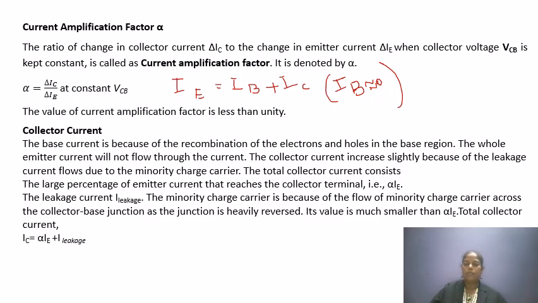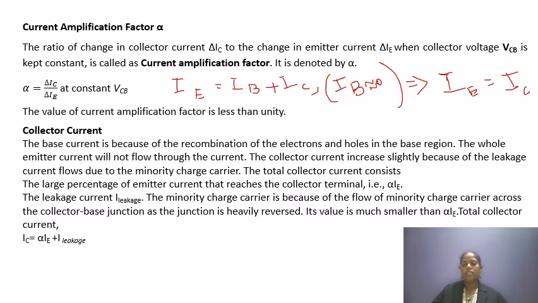Therefore, what can we write? IE is equal to IC. Both the input current and the output current are equal. Therefore, the value of the current amplification factor is less than unity. It's around 0.99, like that we can get.